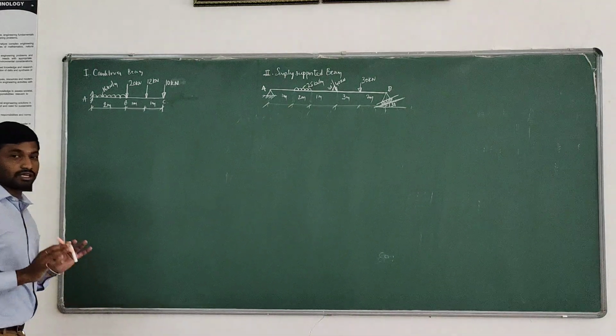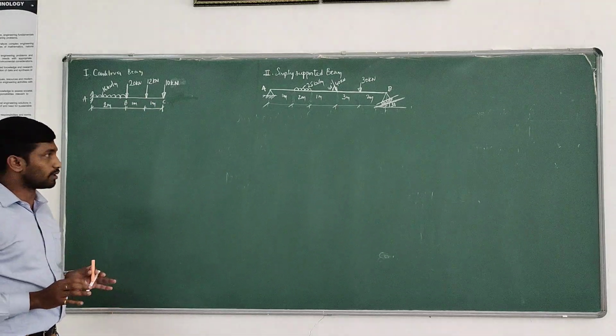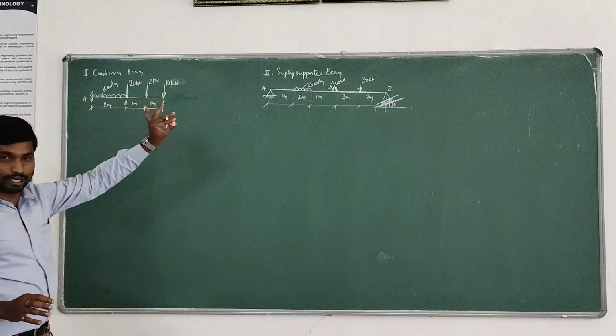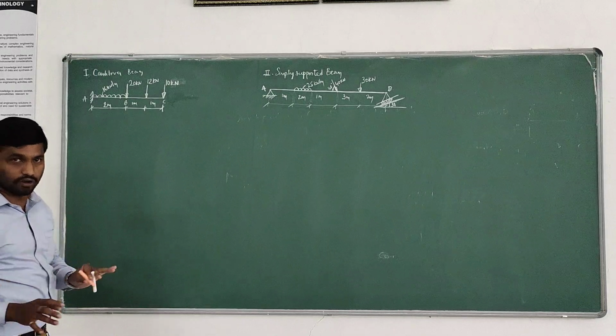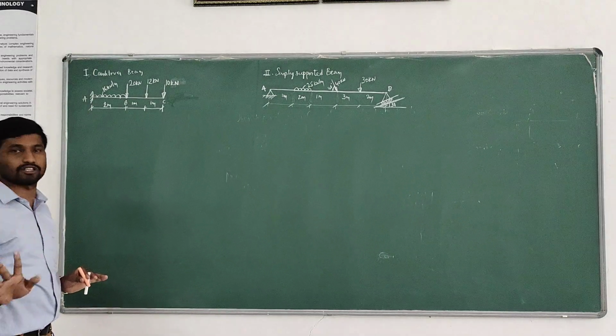And also, what are the steps involved to solve these kinds of problems? In the very first step, we are writing the free body diagram. We are converting all distributed loads into point loads, and also we are going to write the reactions. That is the first step.